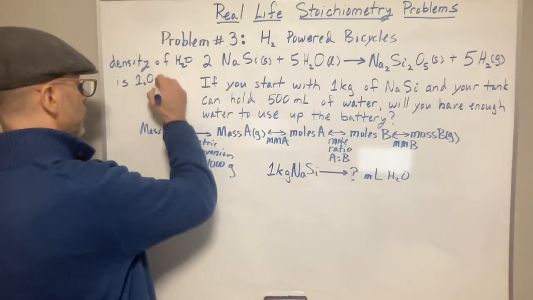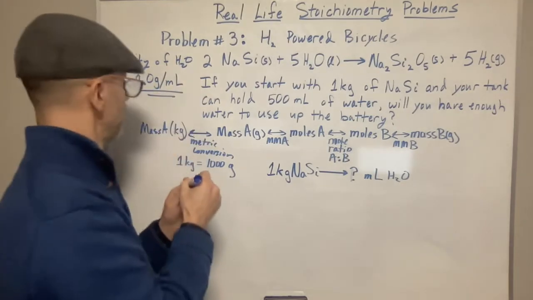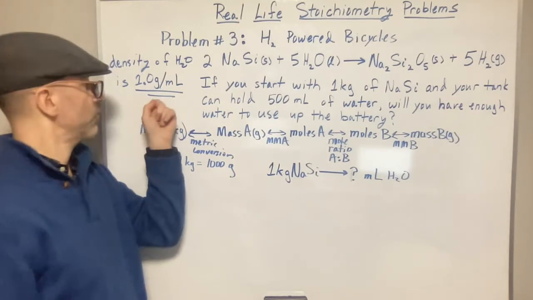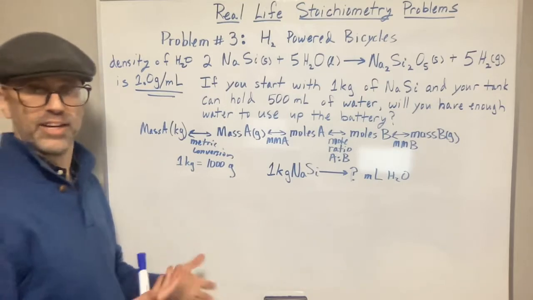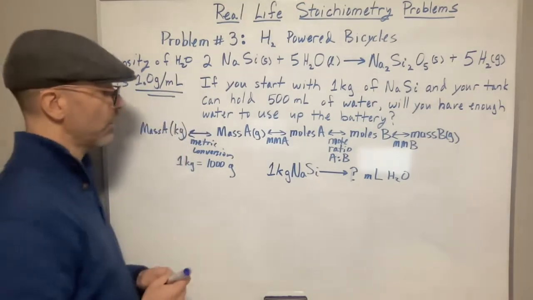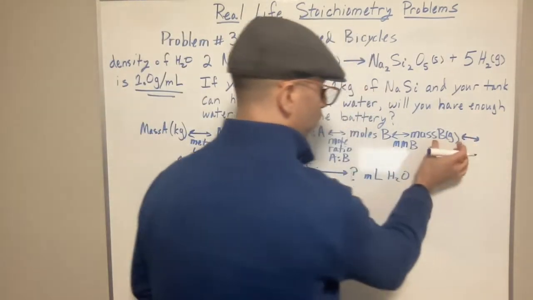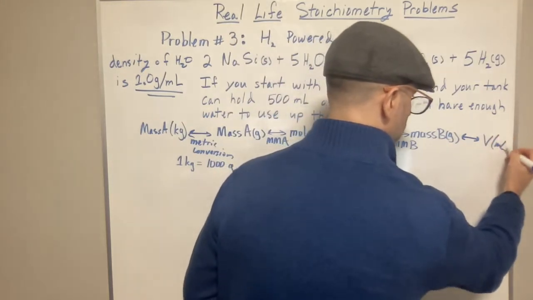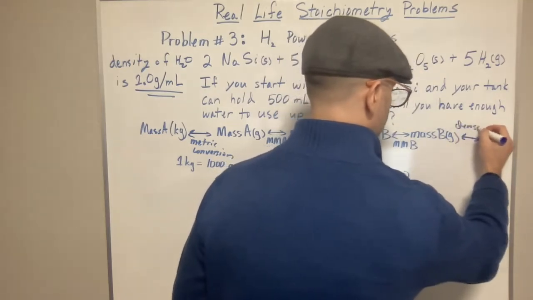That's a good thing to memorize, pretty much the only density you're going to need to memorize probably. So we're going to use the density of water to convert from grams to milliliters, volume in milliliters of B.